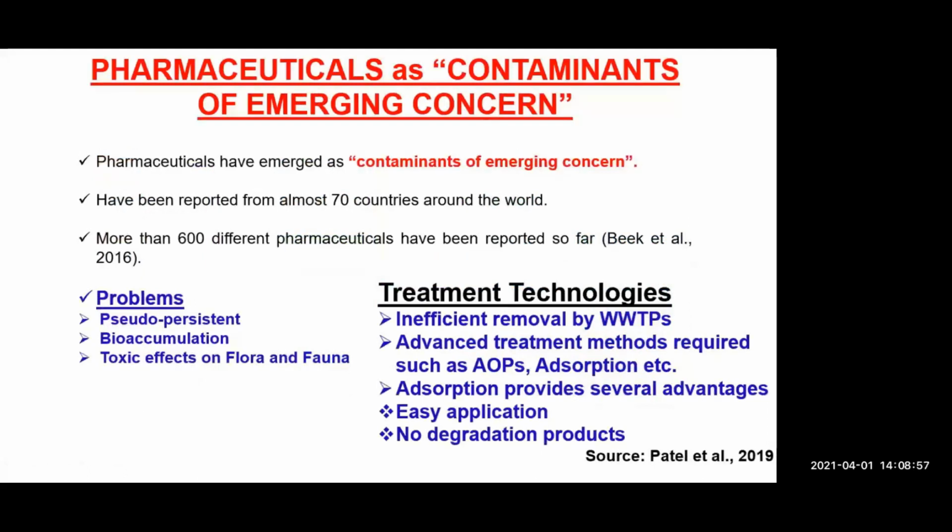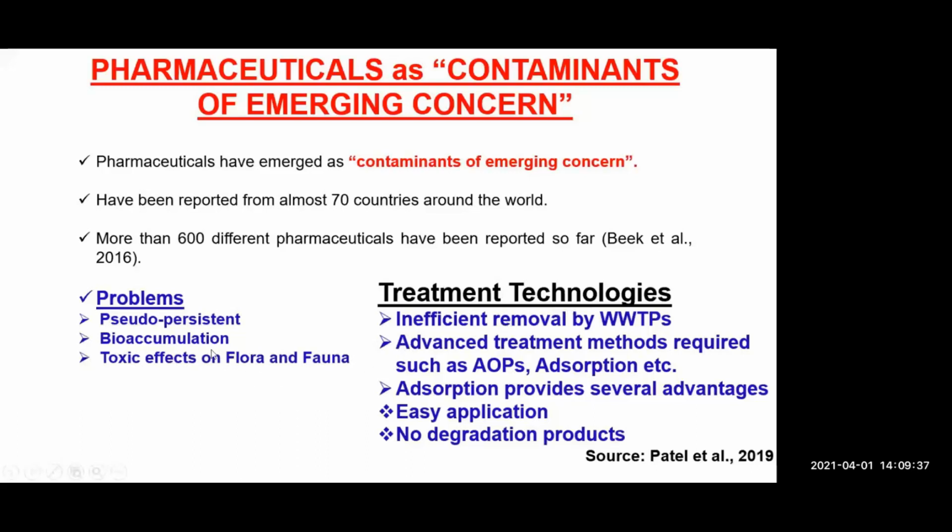So the question arises, why did I choose pharmaceuticals for my study? As we all know, pharmaceuticals have arisen as contaminants of emerging concern in the past decade. More than 600 different kinds of pharmaceuticals have been reported in the world. So pharmaceuticals are not a single problem; they are a large group of contaminants which individually and together can create a problem requiring immediate attention.